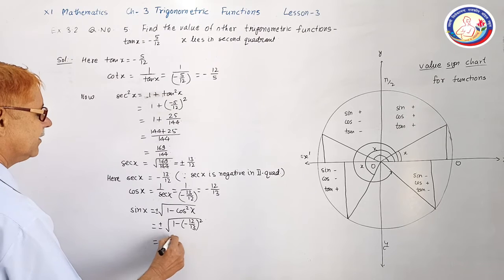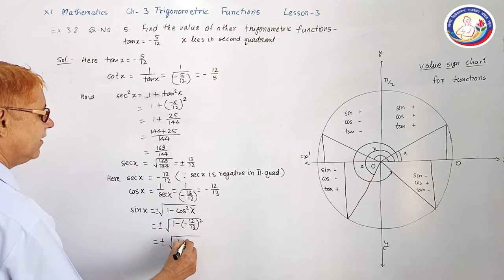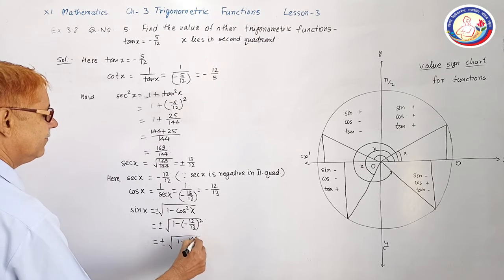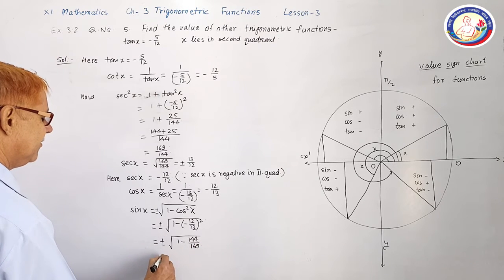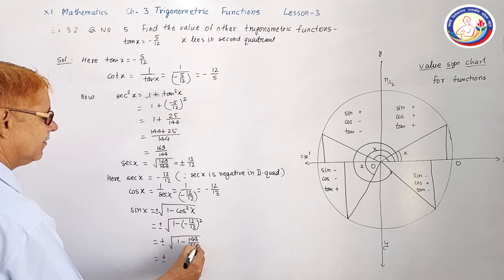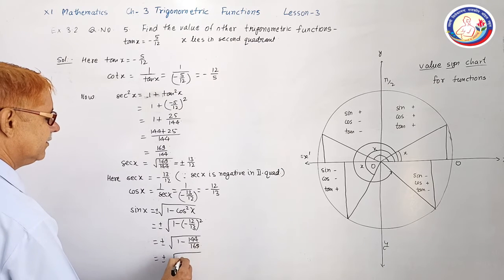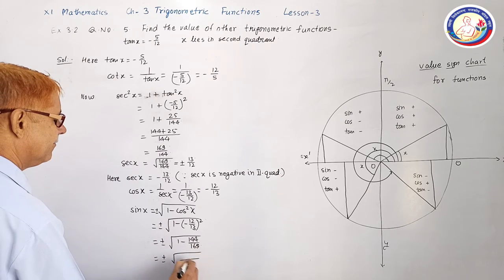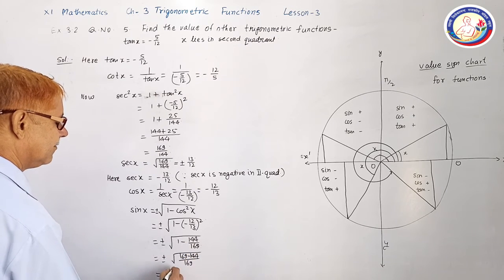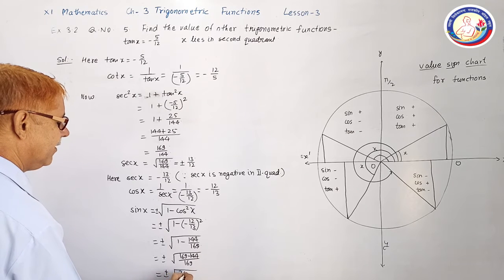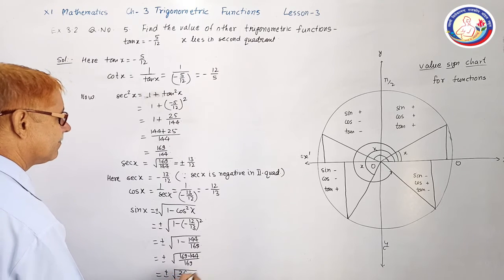On further simplification, we shall get 1 minus 144 upon 169. Further simplification, we will reach 169 minus 144, and it will be 25 upon 169.